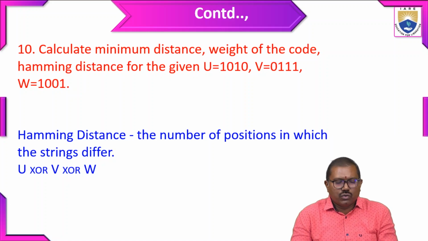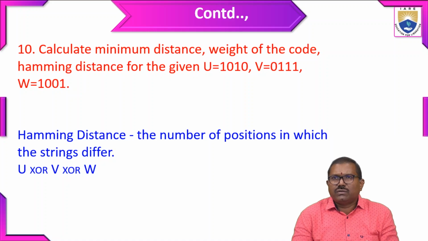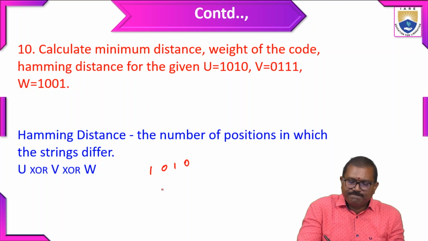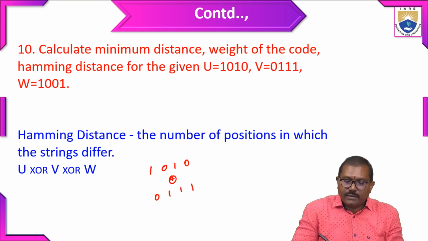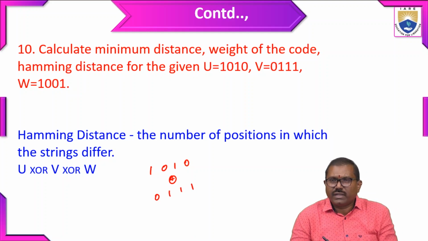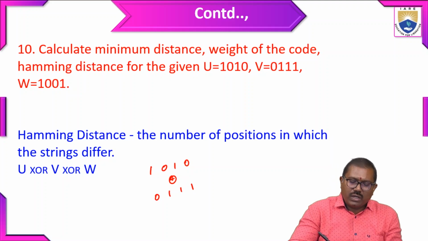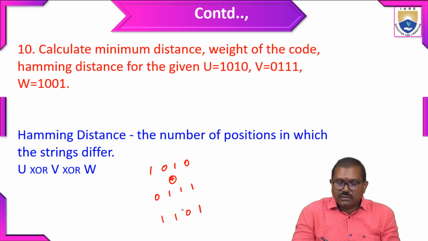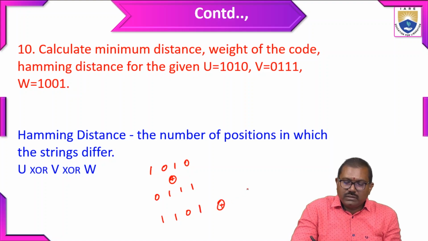So get U XOR V XOR W. For example, what is my U? 1010 XOR V 0111. What you got? 1101. This is my result. This XOR with W 1001.